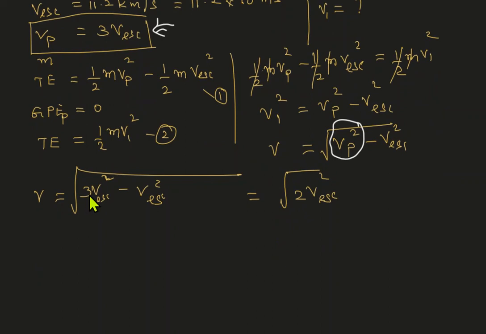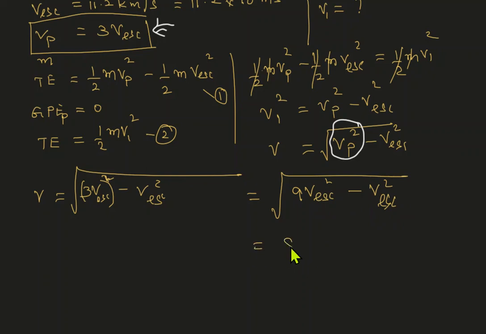So thrice of v squared means you have to put 3v escape squared, so it becomes 9 actually. You have to be very careful. 3v escape whole squared, so 9v escape velocity squared minus v escape velocity squared.